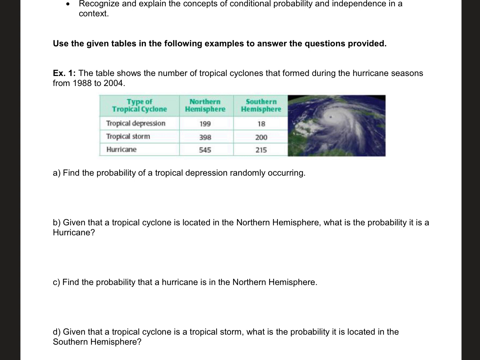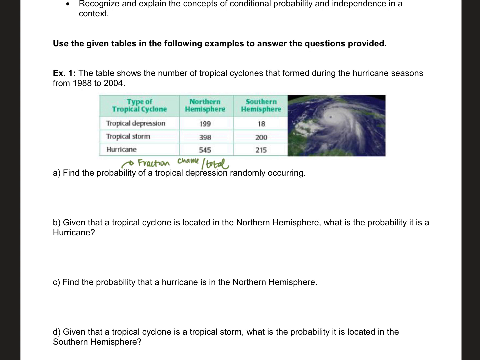Problem A says to find the probability of a tropical depression randomly occurring. If we're thinking of probability, it's a fraction: chance over total. So what's the chance that we had a tropical depression?